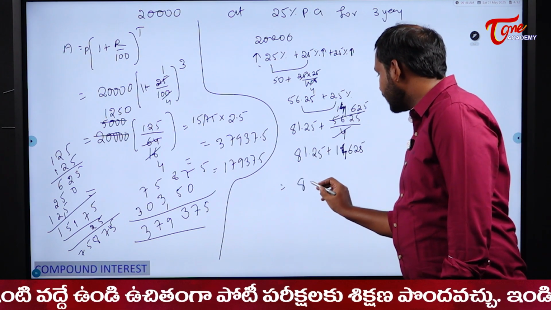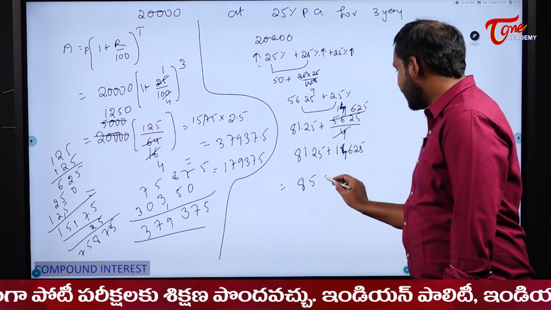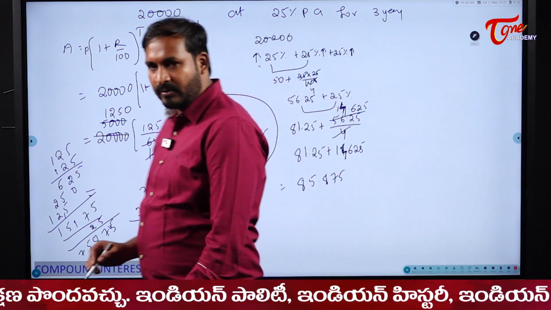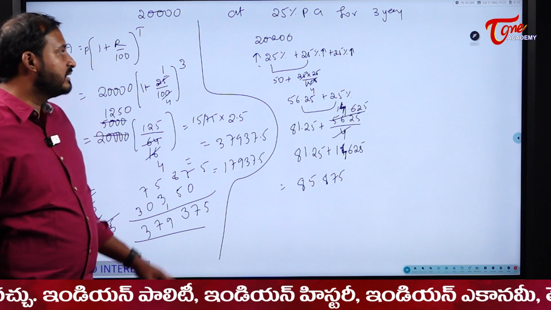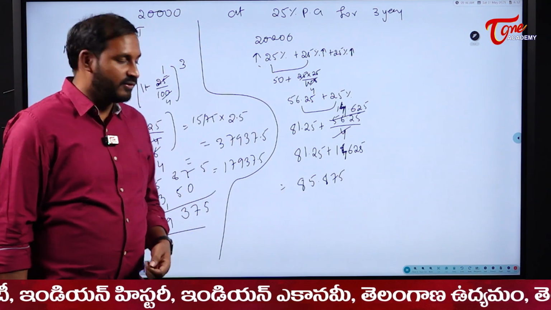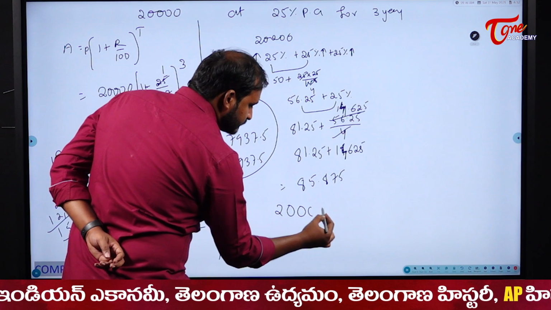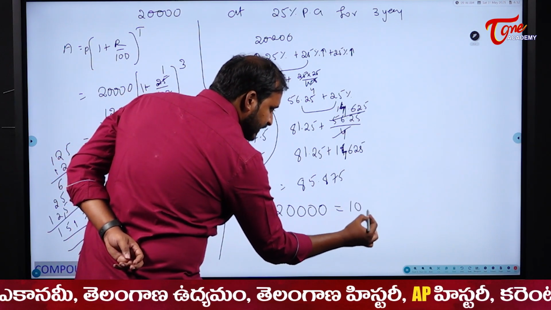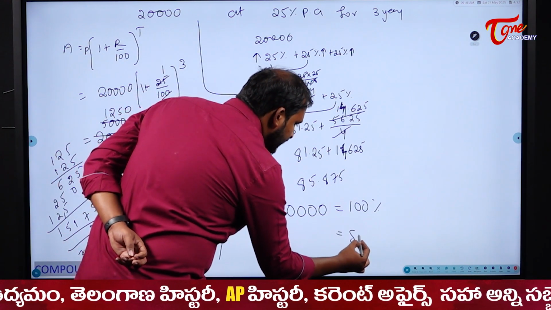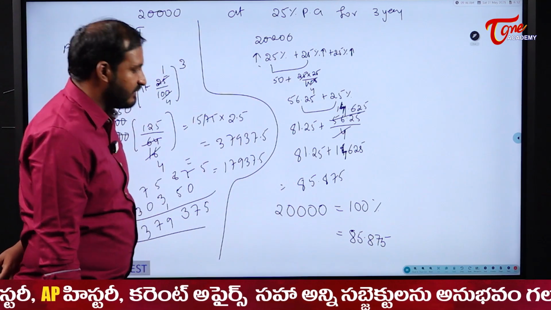Okay, overall how much does it become, students? Overall it will become 85.875. Now please observe here, the value is increased by how much? If 20,000 is 100%, what is this 85.875?